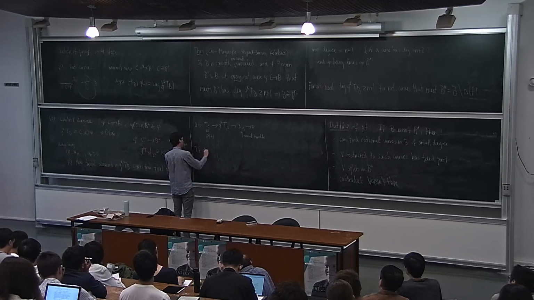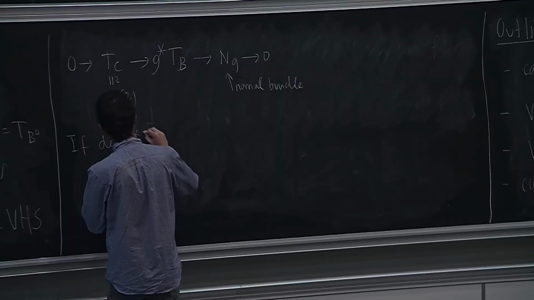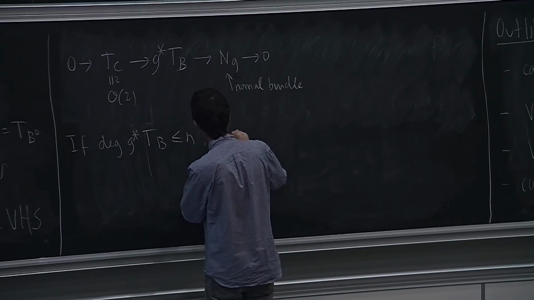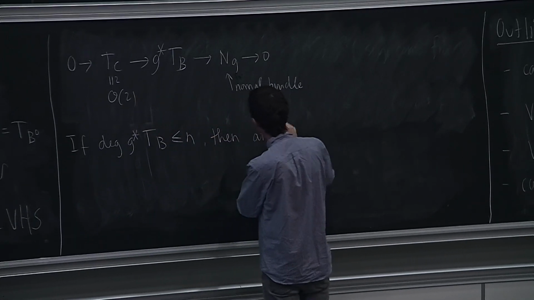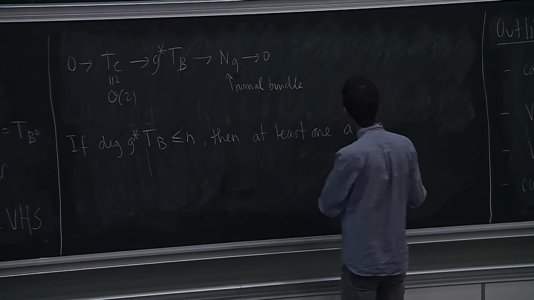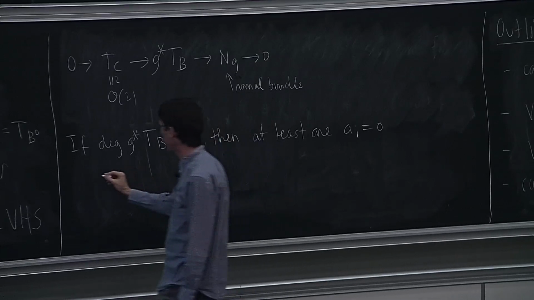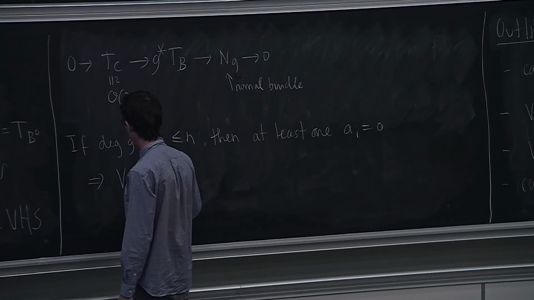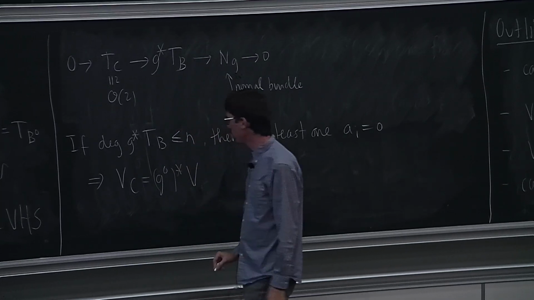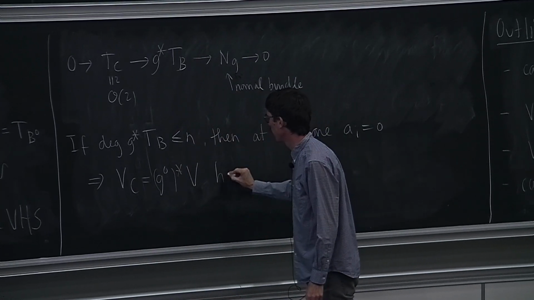So now if the degree of the pullback of the tangent bundle is less or equal to n, then at least one ai has to equal 0. And so by 2, the VHS has a fixed part. And so this VC, which is the pullback of the VHS to the open part of the curve, has a fixed part.